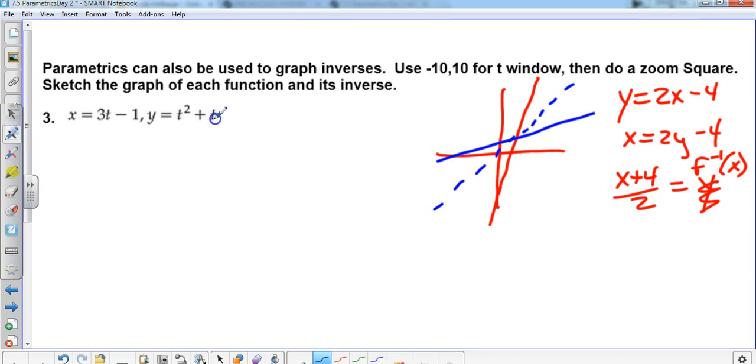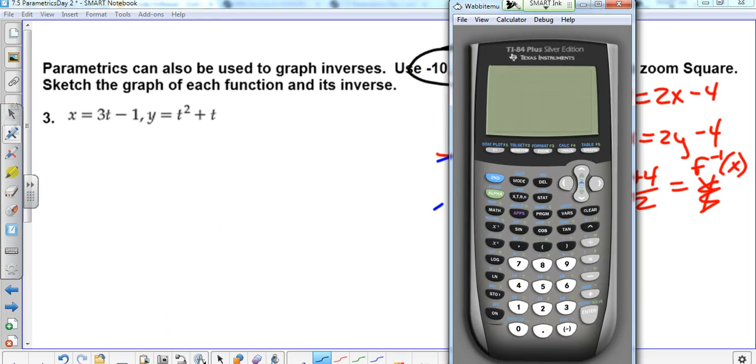All right, we're going to graph this. It says to use negative 10 to 10 for t. Actually make negative 10 to 10 your x and y as well. So everybody start typing. Put in these two equations for your y equals: 3t minus 1 and t squared plus t.